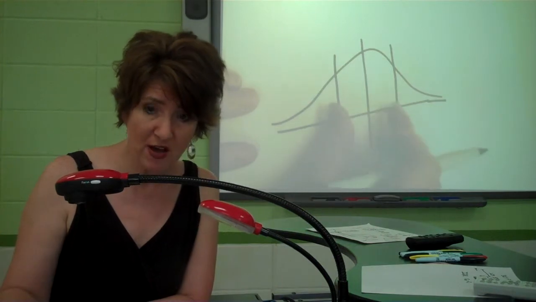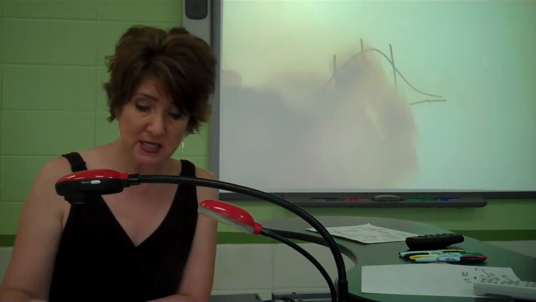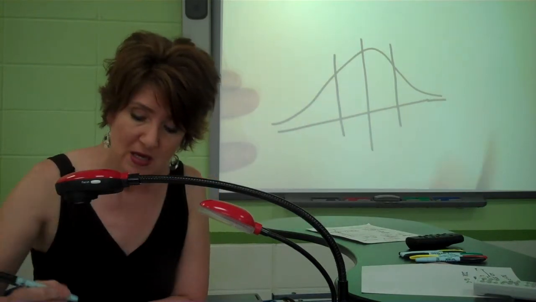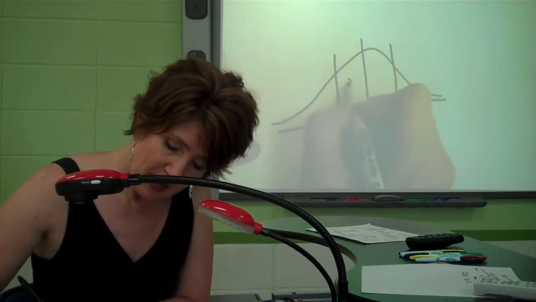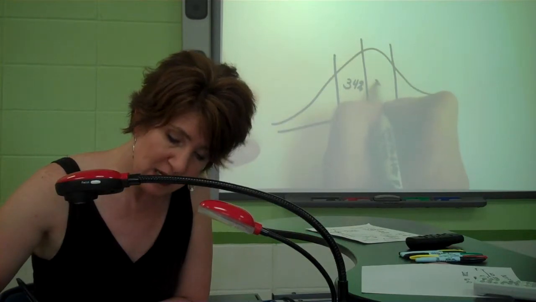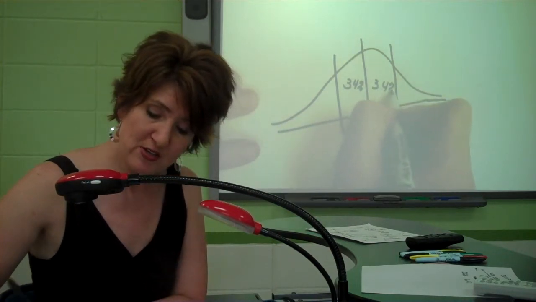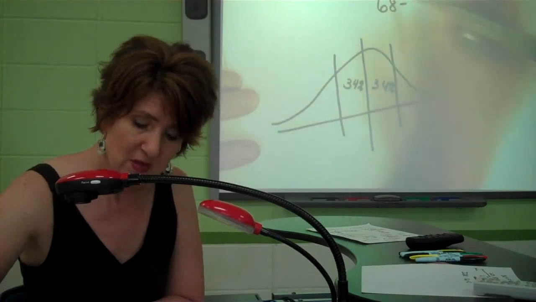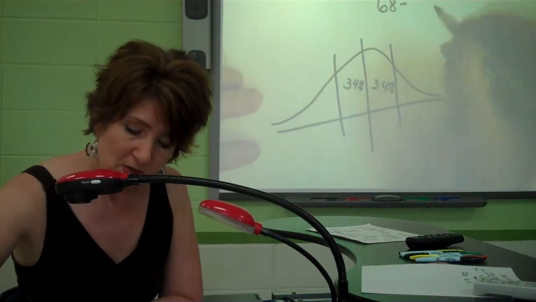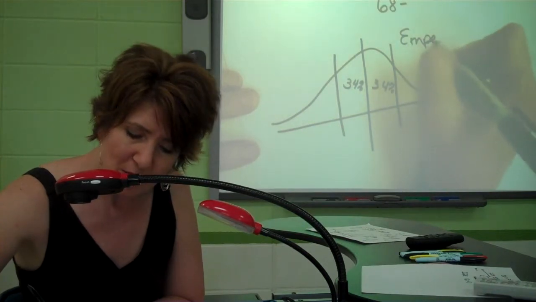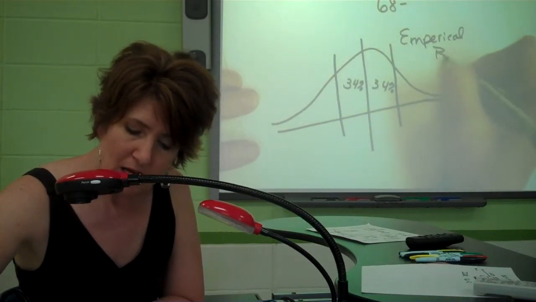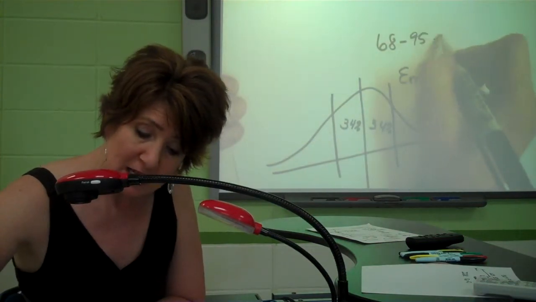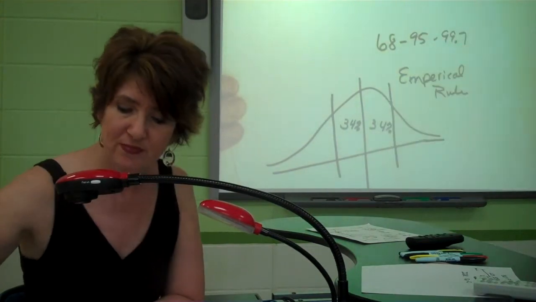We'd have a lot of folks who were making the C's up to the B's down to the D's. In fact, we would have 34% of the values here and 34% of the values here approximately, and so that would be 68% total. This rule, known as the empirical rule, also has a name that just trips right off your tongue, the 68, 95, 99.7 rule.